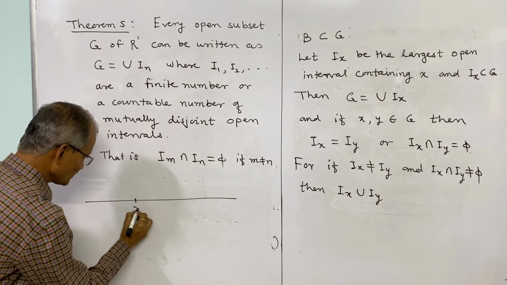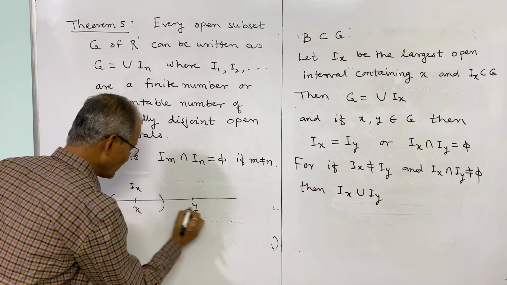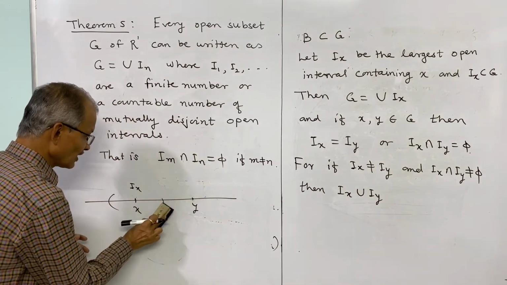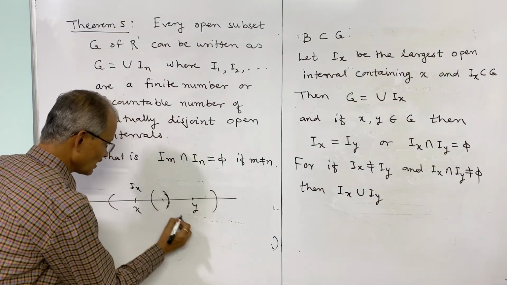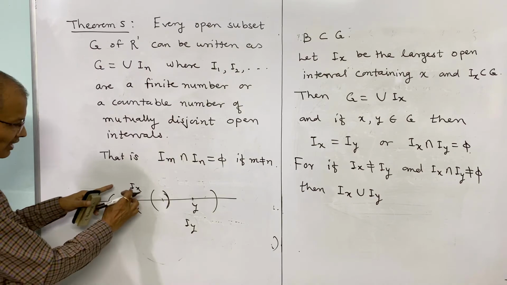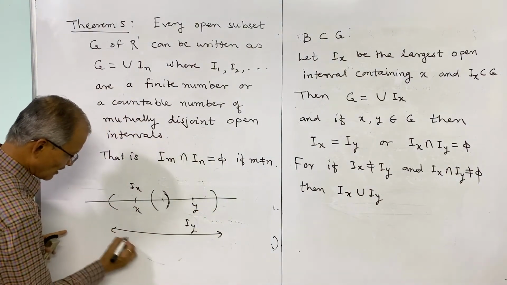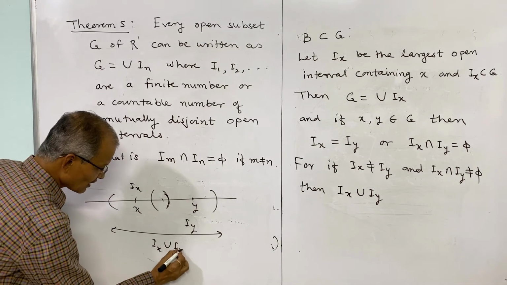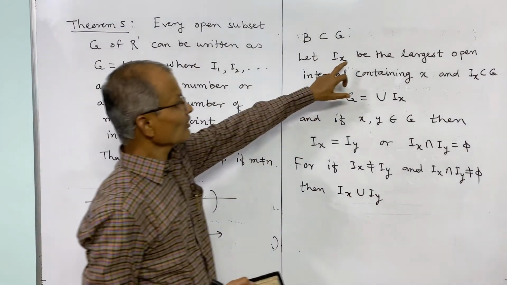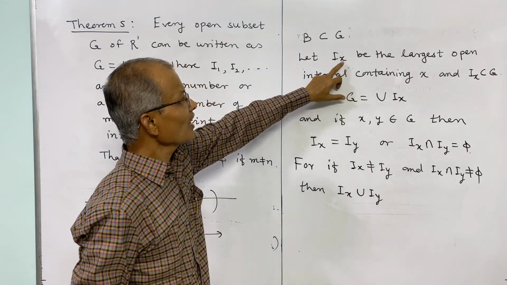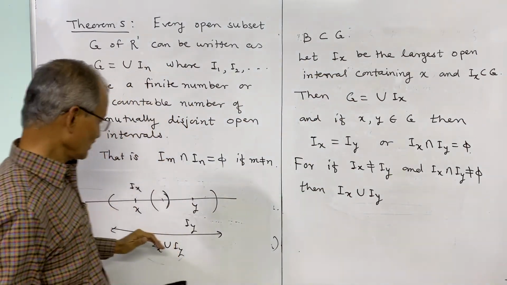If this is x and this is Ix and this is y, and they are not disjoint, this is Iy. Now their union, Ix union Iy, will be the set from this to this, and this contains x. But this is a contradiction, because we assumed that Ix is the largest open interval containing x.